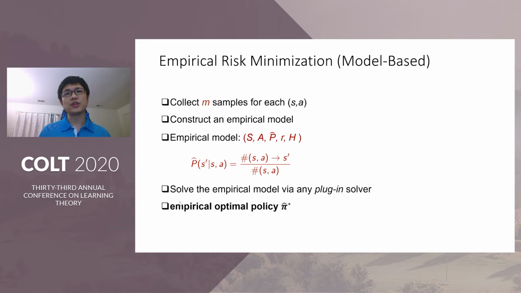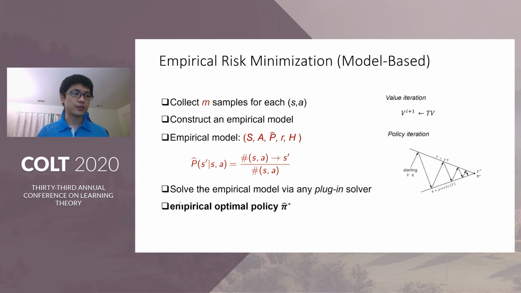That gives an empirical estimator for the probability. Then we apply any plug-in solver on this empirical model, and we get a policy from this empirical model. By plug-in solver, I mean any kind of dynamic programming method like value iteration or policy iteration, or you can use other advanced methods like the ones proposed in Sidford et al.